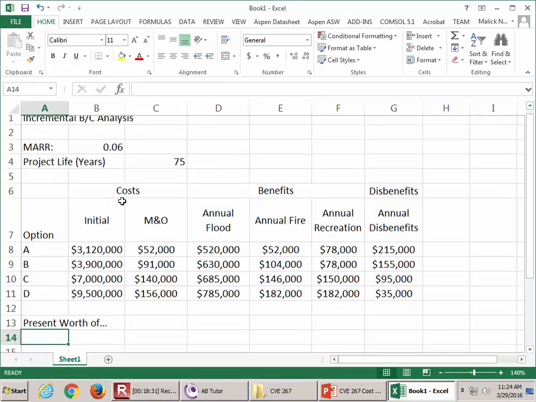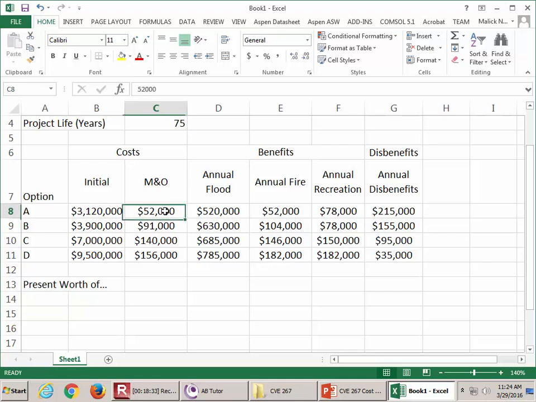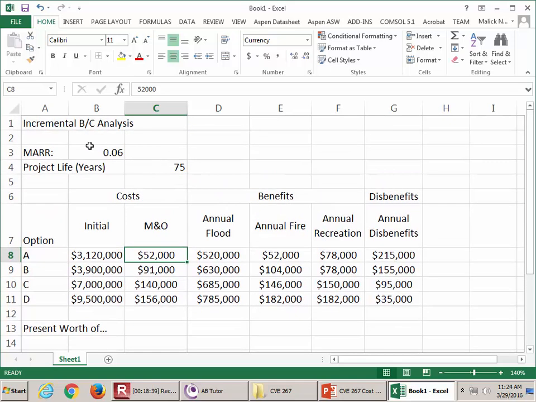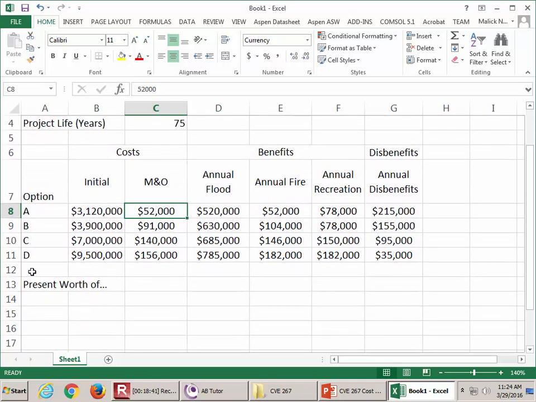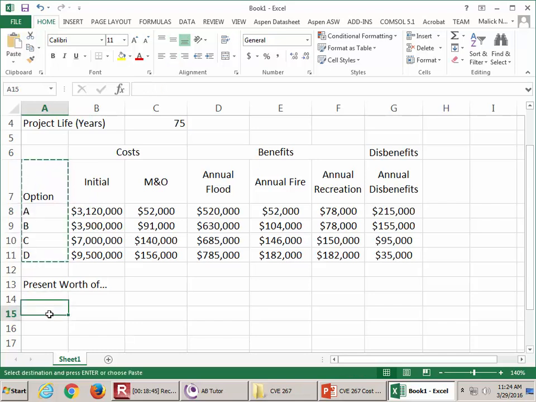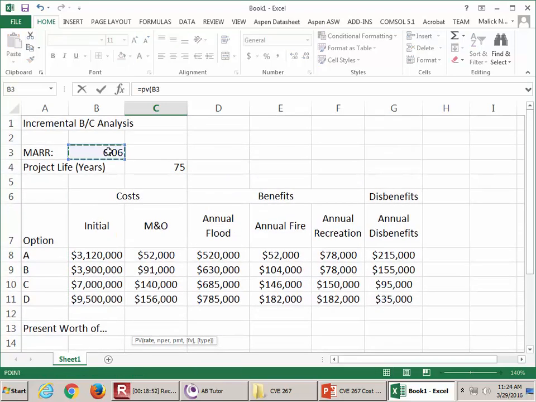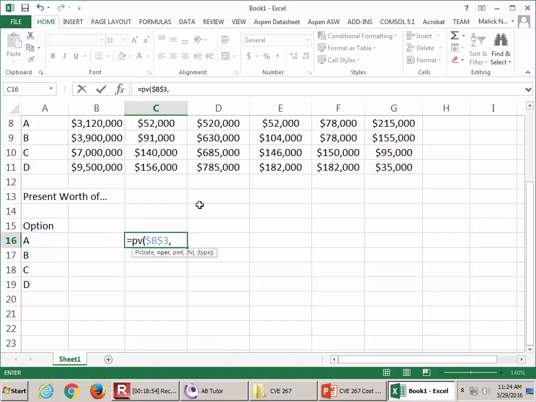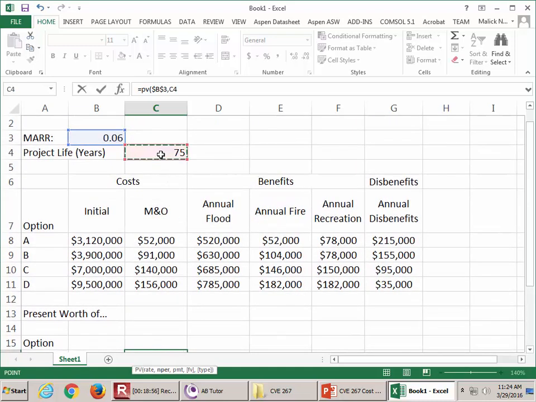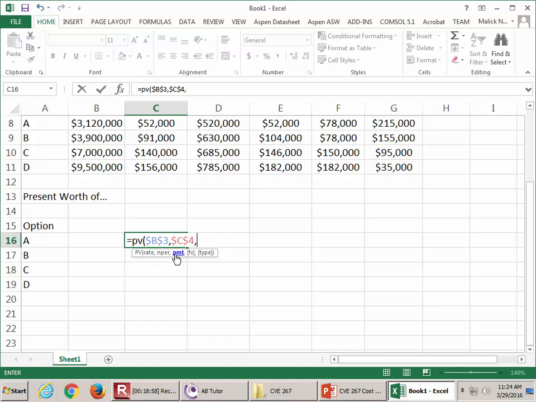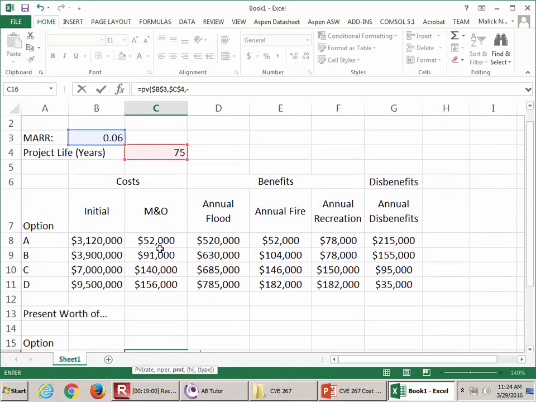So you should find the PV function. For instance, we've got $52,000 per year for maintenance and operation, 75 years, and a 6% discount rate. If we want to find the present worth of that expense, then we would say equals PV, the rate, 6%, N is 75 years, and then the payment amount is 52,000.